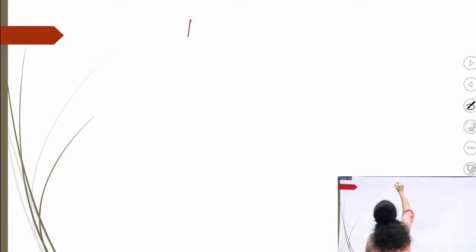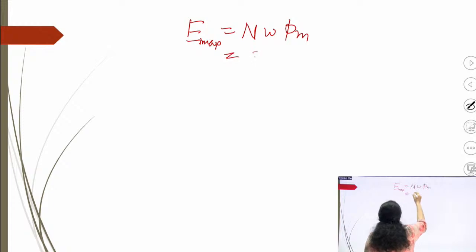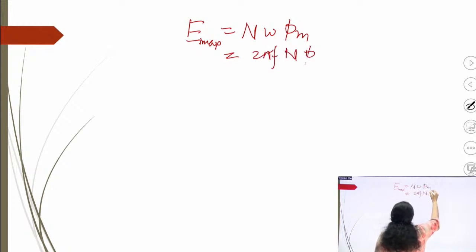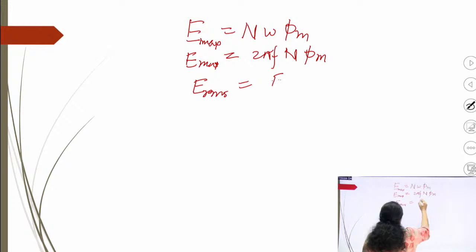So it can be written as E1 max equals N omega phi m, and omega can be replaced by 2 pi f, and this is the maximum value, right? So the RMS value will be the maximum value divided by root 2.